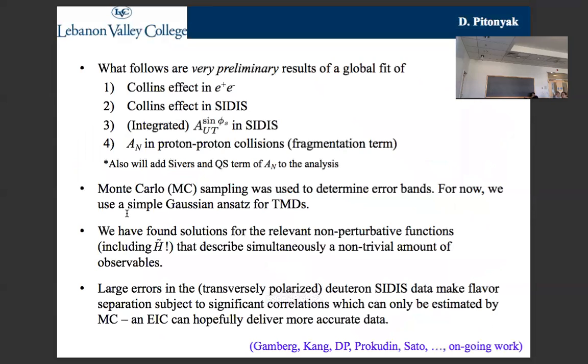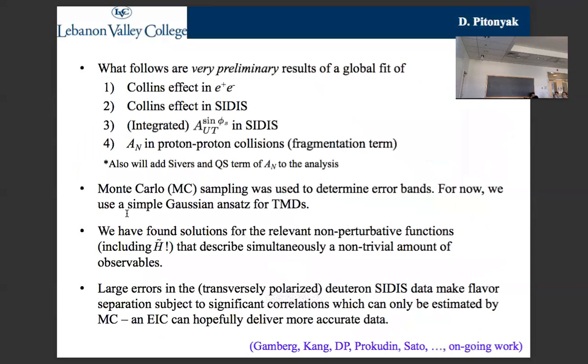And so this is what I'm going to show as very preliminary results where we've done a global fit of the Collins effect in E plus E minus, Collins effect in Sidis, integrated AUT sine phi S in Sidis, A sub n in proton-proton collisions, only the fragmentation term for now. We're also going to add in the Sivers and the Chu-Sterman function for A sub n into this global fit.